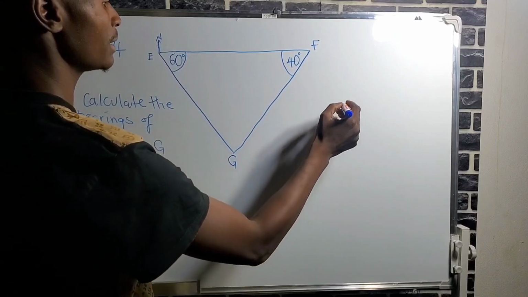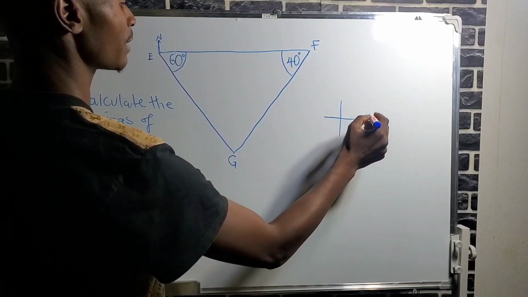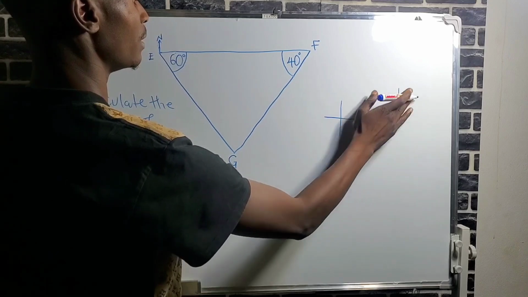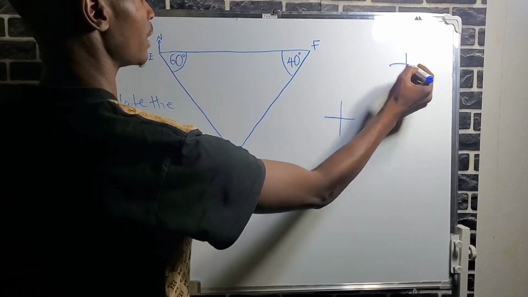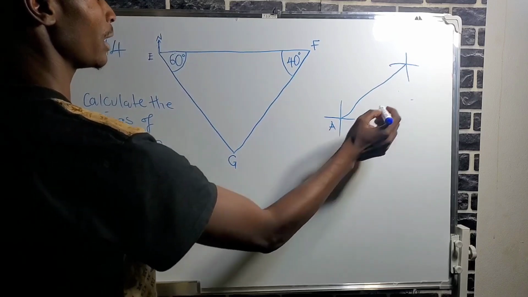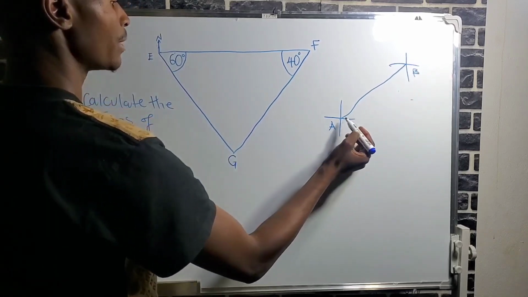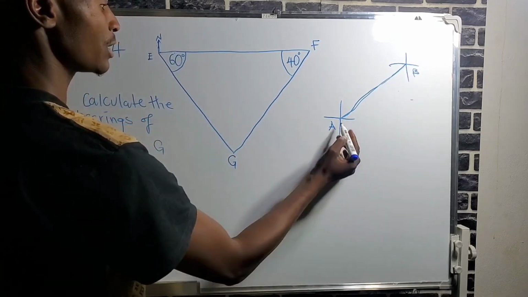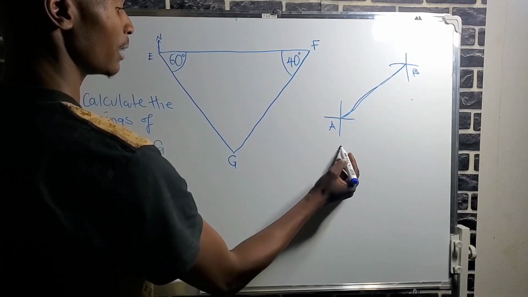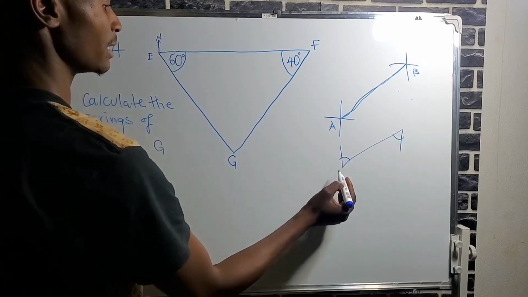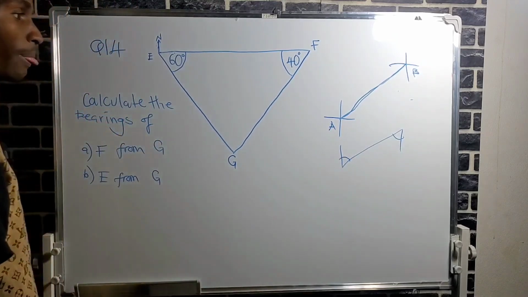Then the other thing is, if you have something like this, let's say you have point A and point B. This line is forming a Z shape like this. This side and this side are equal.